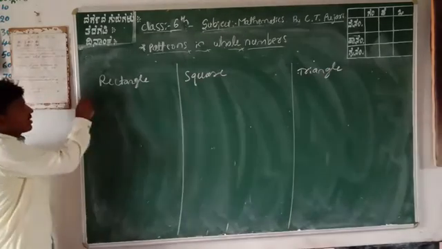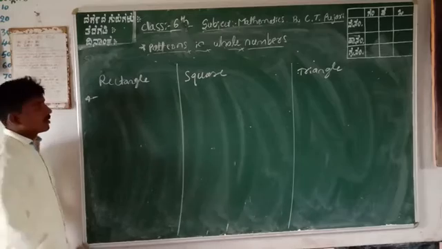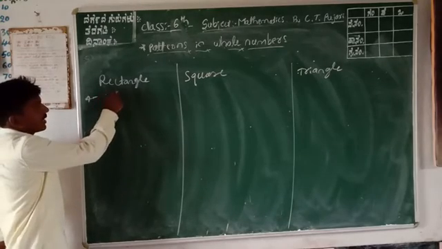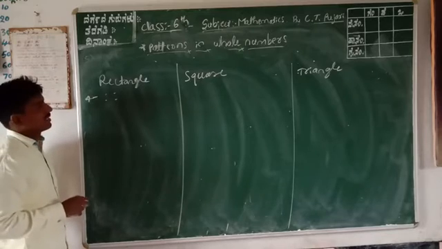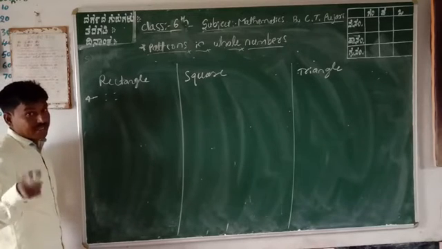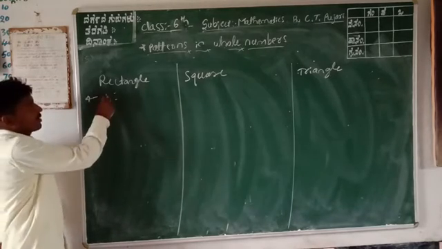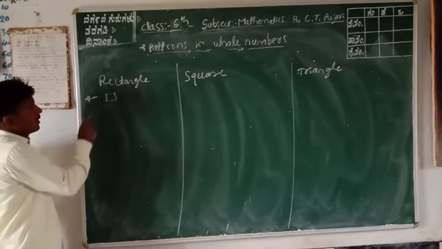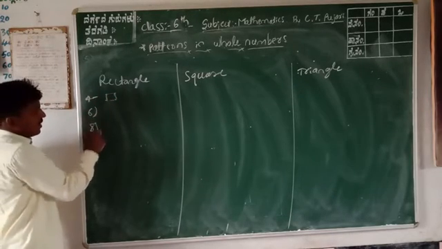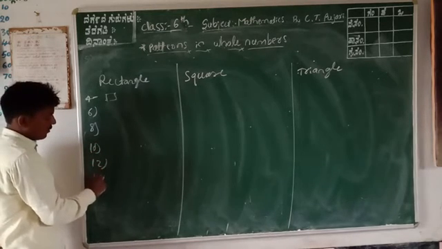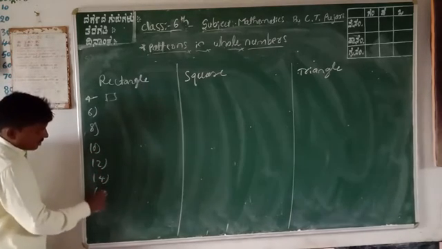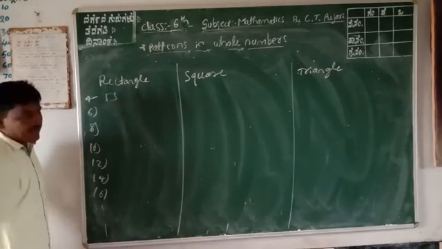The first one is 4. 4 is a rectangle and also a square. All squares are rectangles, but rectangles are not all squares. Next 6, 8, 10, 12, 14, 16 and so on. These are all rectangles.